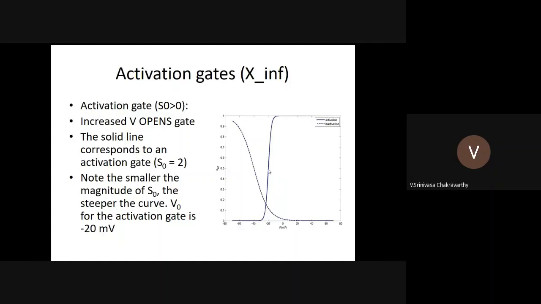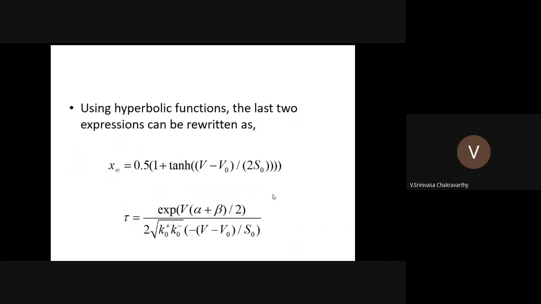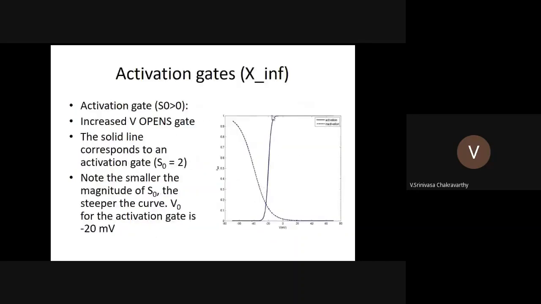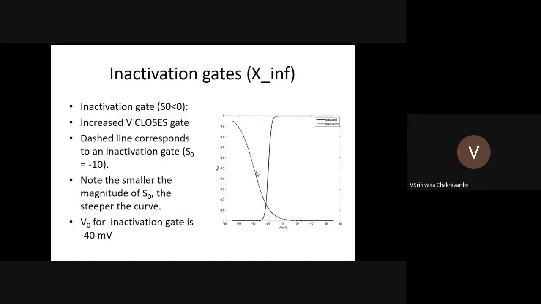And this cutoff point where it makes a transition is given by V naught, and S naught defines whether the function will be an increasing function or a decreasing function. The sign of S naught tells you whether it's increasing or decreasing. The magnitude of S naught gives you the slope of this function. So in this curve, for S naught positive, you see this increasing function. Similarly, for S naught negative, you have this decreasing function given by the dashed line.